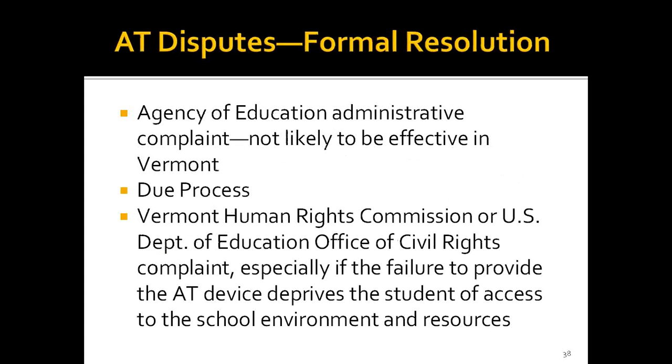If that doesn't work, then you can use the more formal resolution procedures, administrative complaints, and again, if they're simply not following the rules, if the school is simply refusing to consider it, an administrative complaint might be a good option. Or you could go to due process or even a federal civil rights complaint, especially if the failure to provide that assistive technology is preventing the student from accessing the school environment and resources.